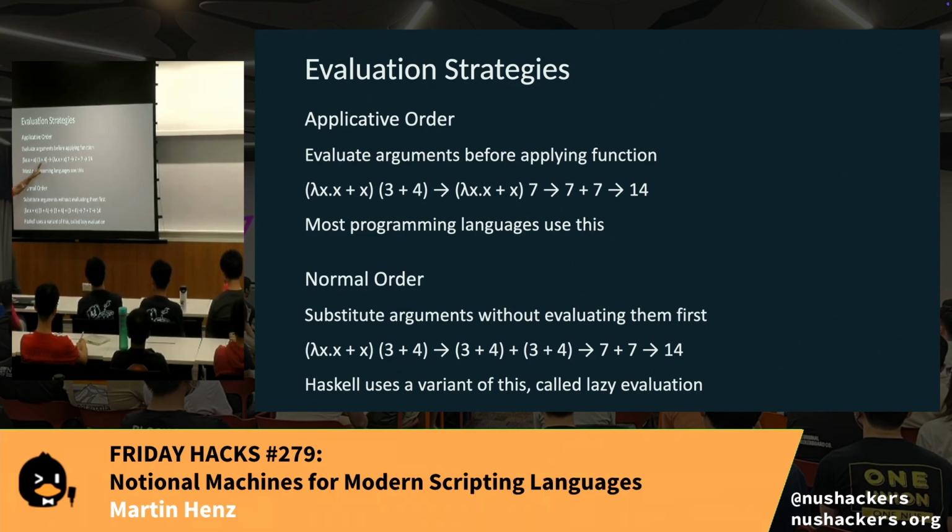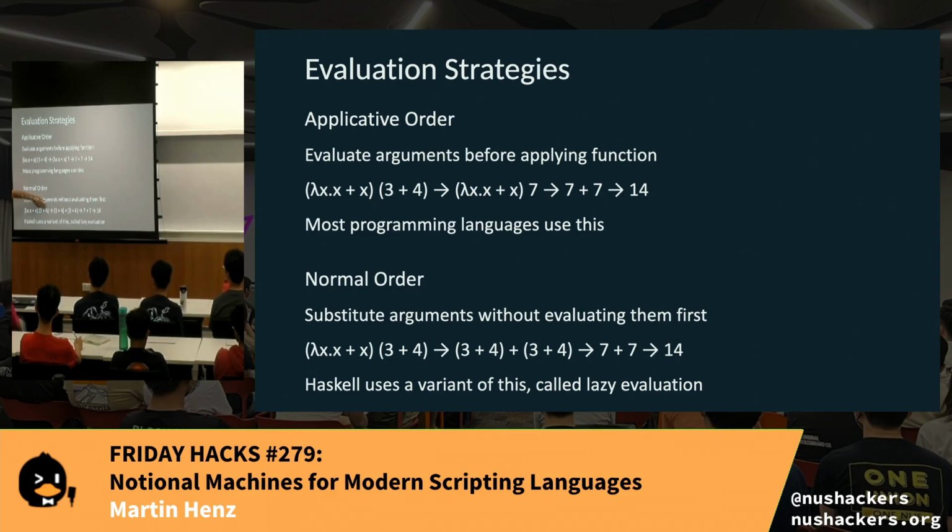That means in the next step, you reduce 3 plus 4 to 7, and then you apply the function, which gives you 7 plus 7, because you replace the parameter x by the argument 7. That gives you 14. Normal order reduction in its simplest form will actually do 2 additions in this evaluation.